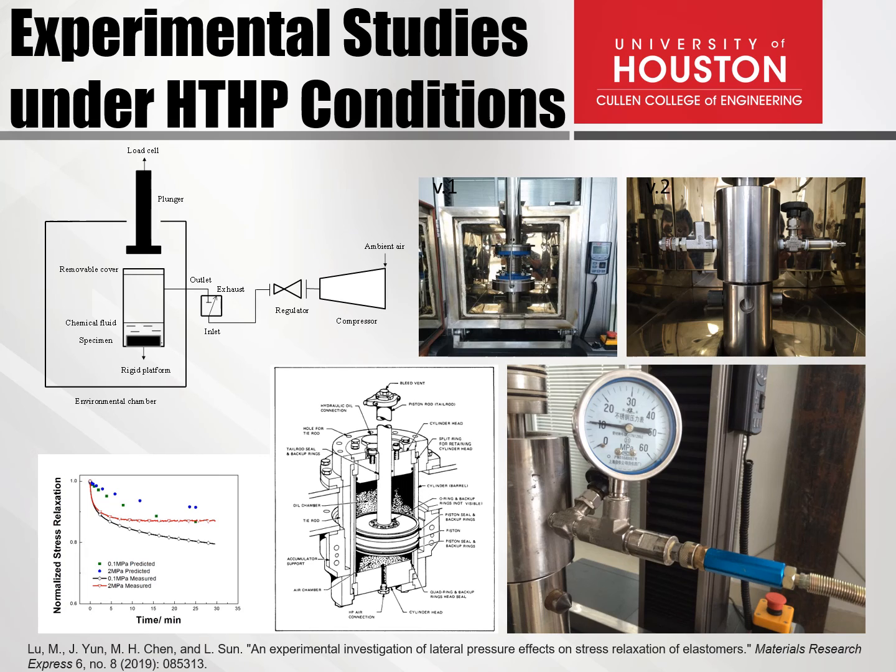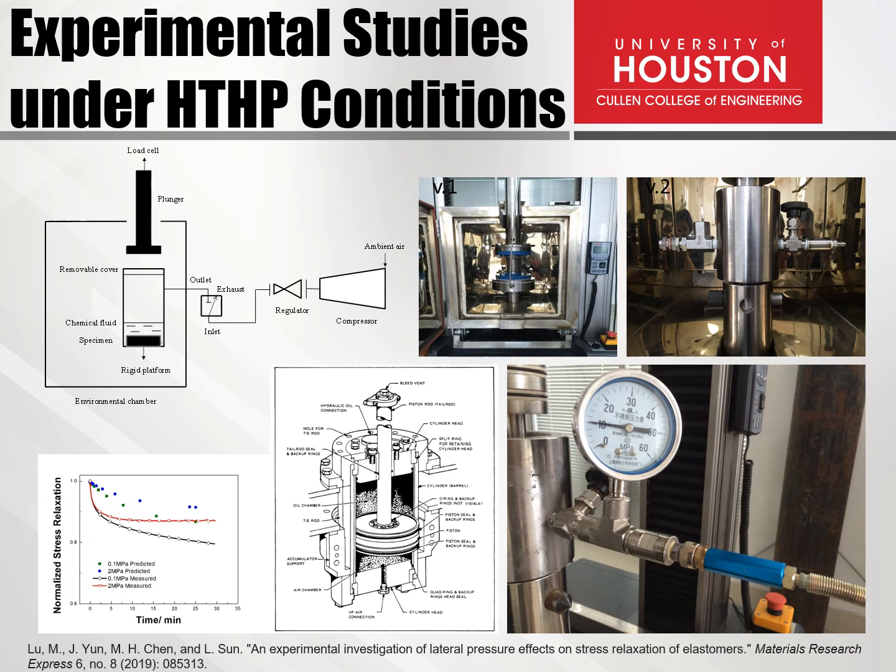With this setup, we no longer need to take out samples from the reactor and mount them on the test grips after aging. This setup not only can simulate the real working condition, but it eliminates the annealing effect during the transfer of polymer samples from the reactor to the instrument machine.